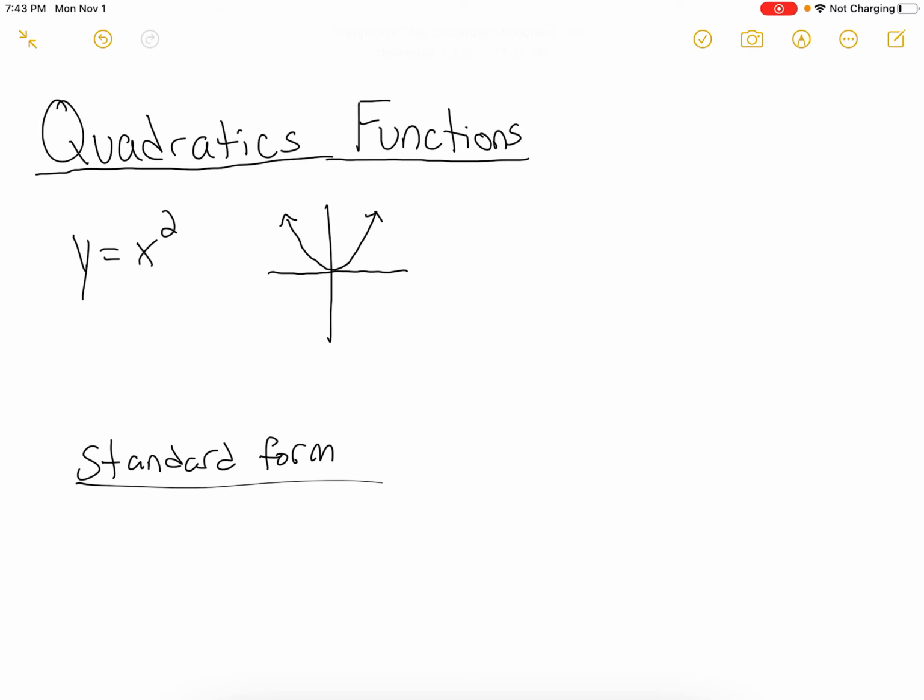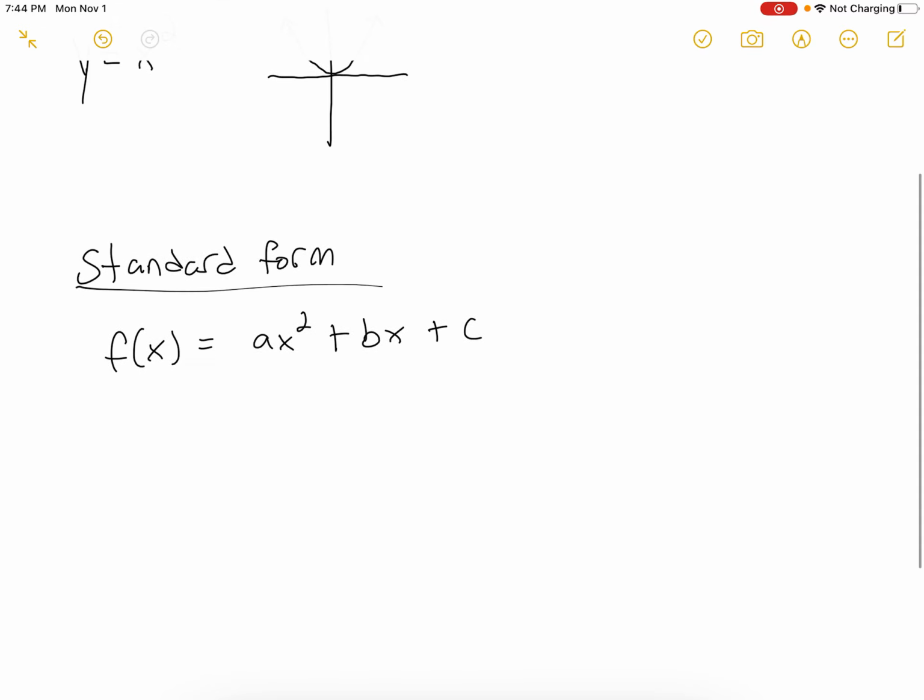Okay, your standard form, your function f of x or y equals ax squared plus bx plus c, where a, b, and c are integers, and this a value, this number in front of x squared, if a is positive, if a is greater than 0, then that tells me that the quadratic is going to open up.